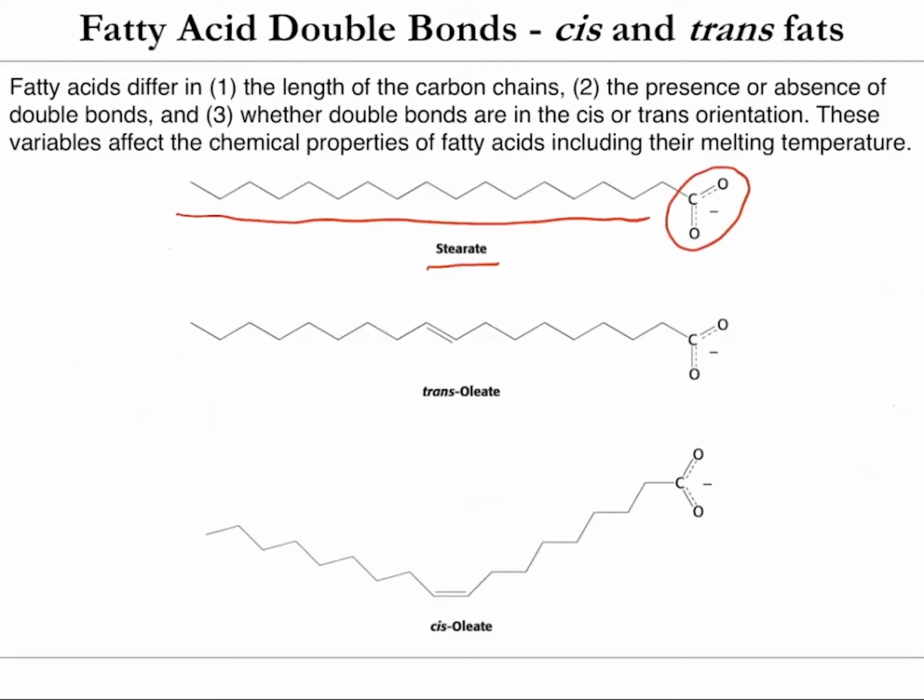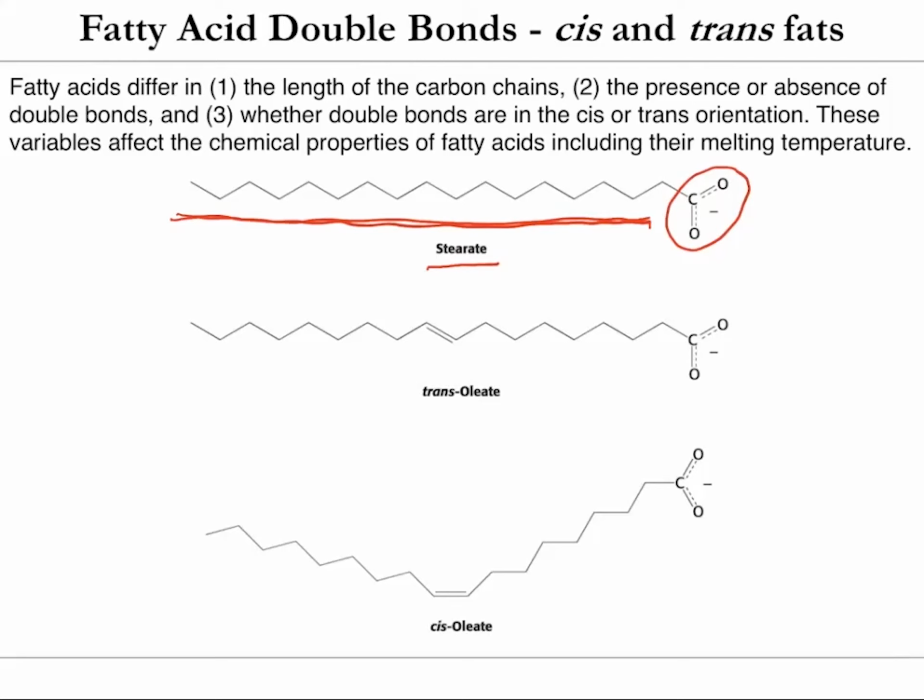Now there are different types of fatty acid chains. They can vary in the length of this hydrocarbon chain. This one contains 16 carbons, but you can have fatty acids with 14 or 12 carbons or 18, basically up to 20 carbons is usually what you would find.